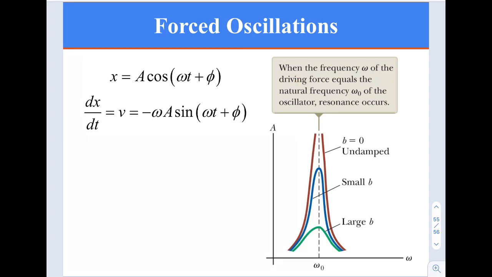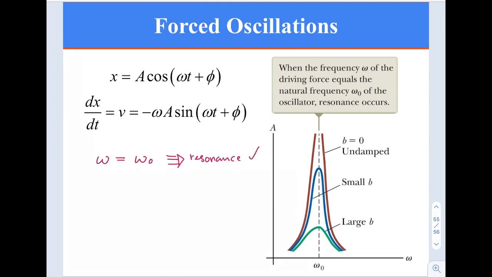If the driving force applied to the system is equivalent to the natural frequency of the oscillator, resonance is going to occur. This is the condition to have resonance, where the omega that you supply must be at least equivalent to the natural frequency of the system. Then consequently, resonance is going to happen.